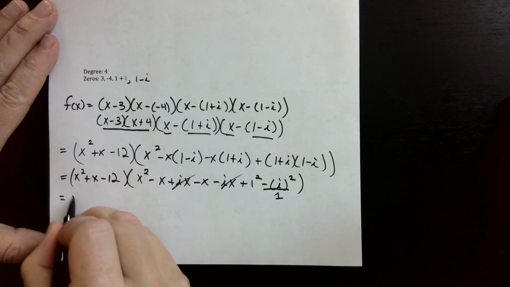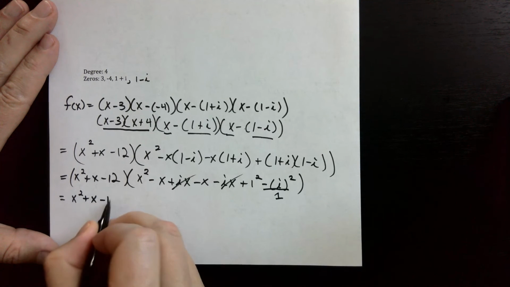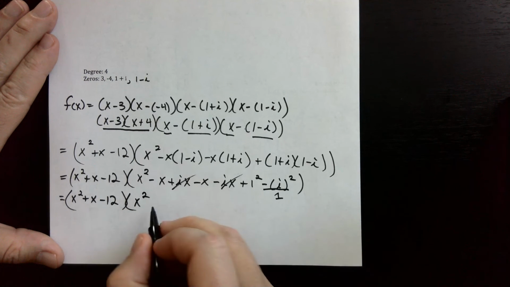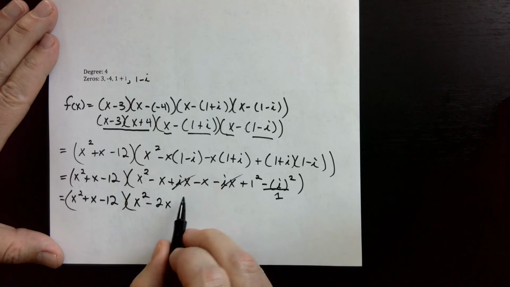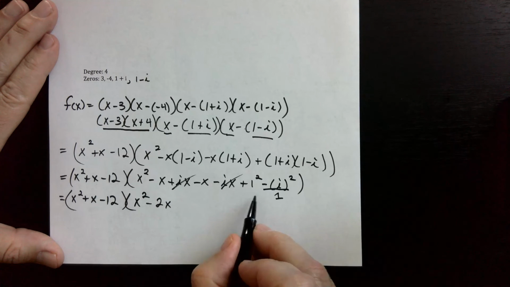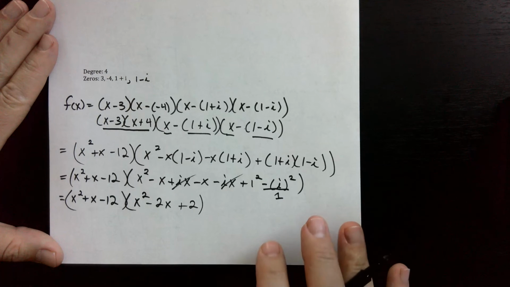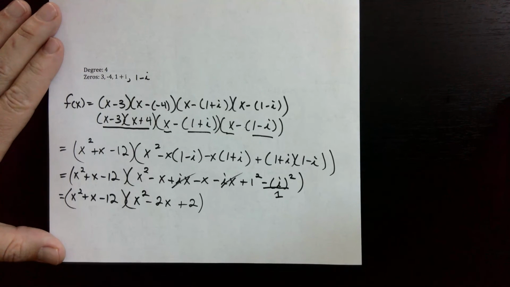So this whole thing becomes 1. So I get x squared plus x minus 12 times x squared minus 2x plus 2. To do this one, using the box, we will need a 3 by 3 box.